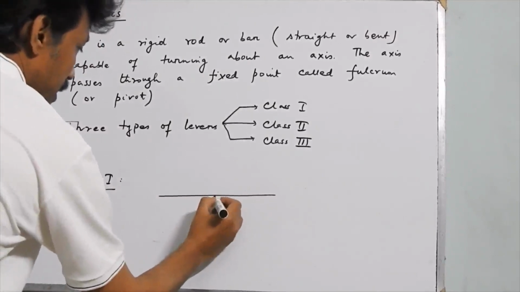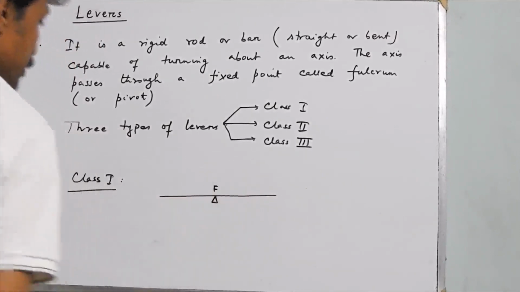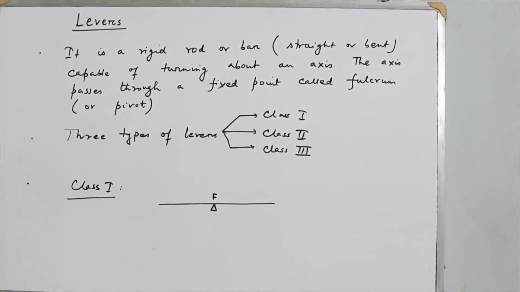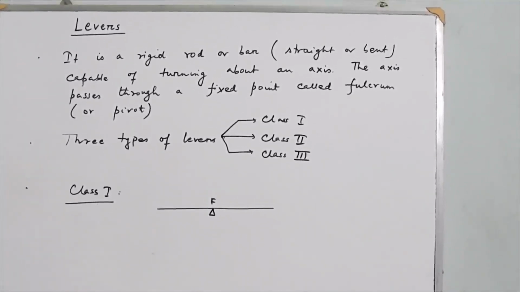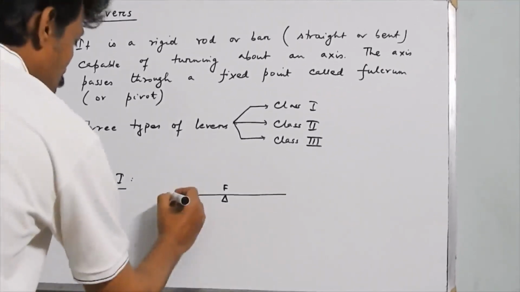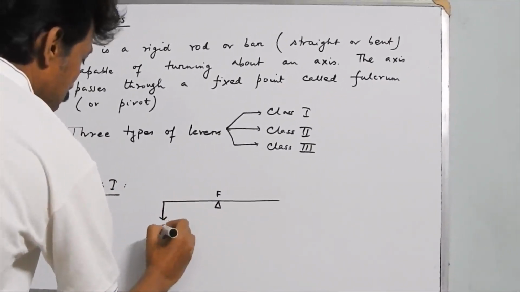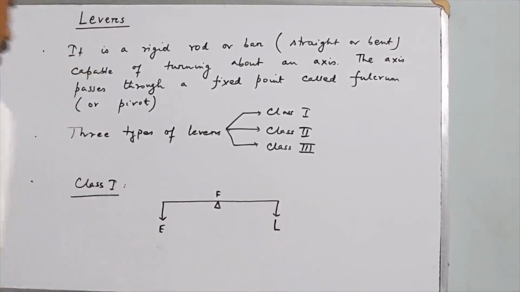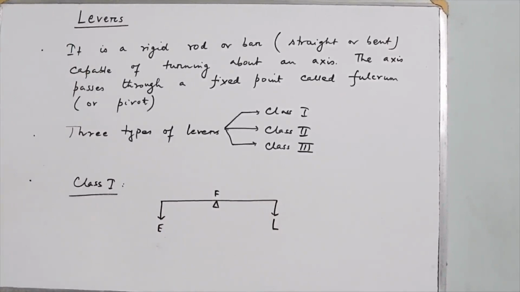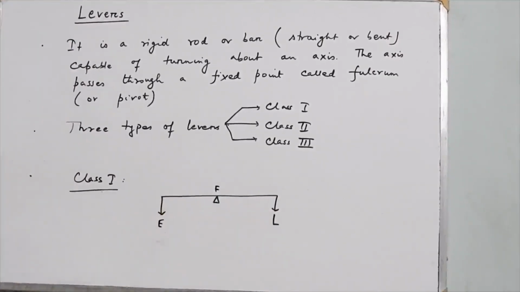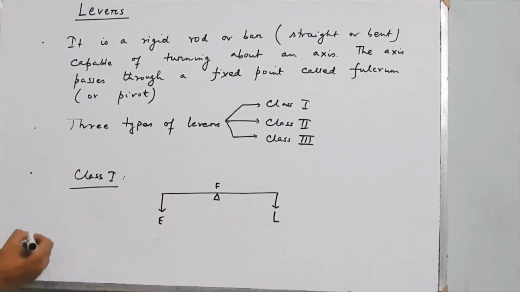It is not necessarily that the fulcrum denoted by F is at the middle position. It is somewhere in between the load and the effort. So suppose at one end the effort has been applied and at the other end there is the load which the lever is capable of lifting. So if the fulcrum lies between the effort and the load, it is called a class 1 lever.